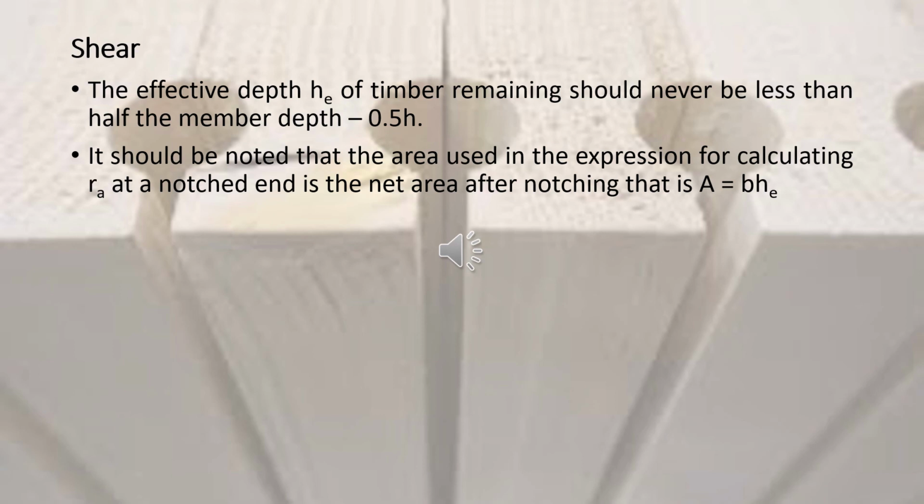It should be noted that the area used in the expression for calculating the shear stress parallel to grain at a notched end is the net area after notching, that is A is equal to B times he. So the area is important, and you have to take note of that and use it accordingly.